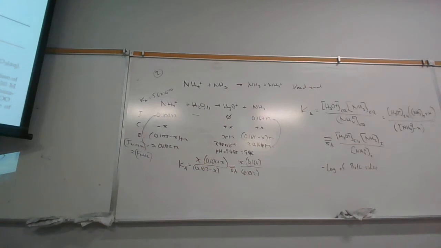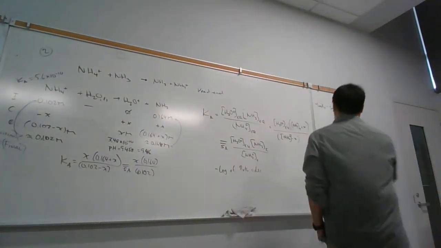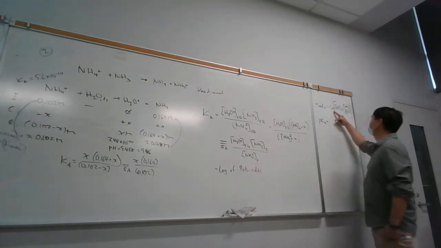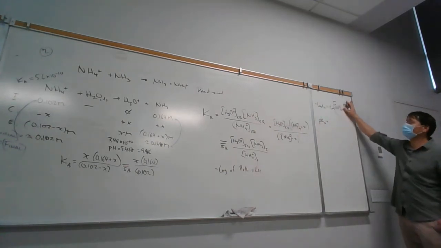Using the property of logs, I'll just add these here. You know what the negative log of Ka is called? The pKa. And the negative log of hydronium, what's that called?